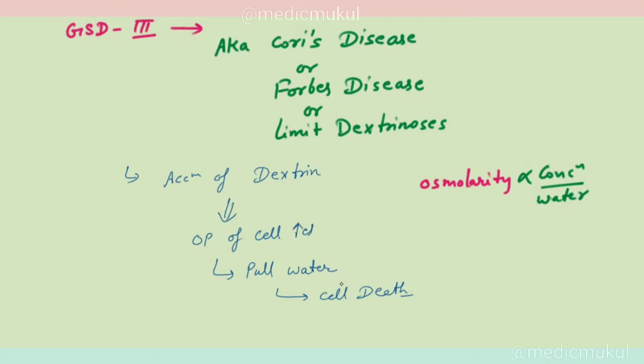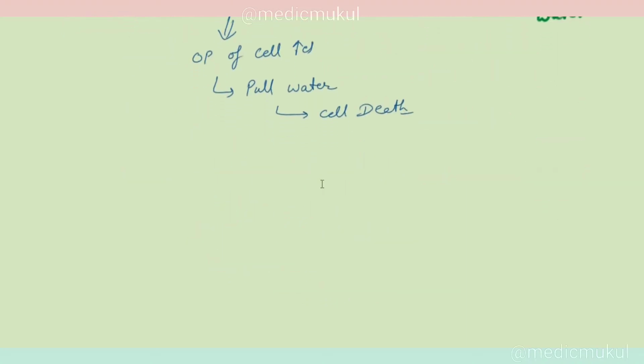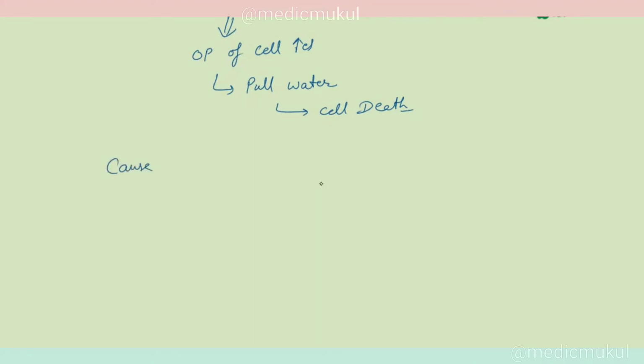What is the cause of that? The cause is important for GSD3, that is debranching enzyme deficiency. And which debranching enzyme?